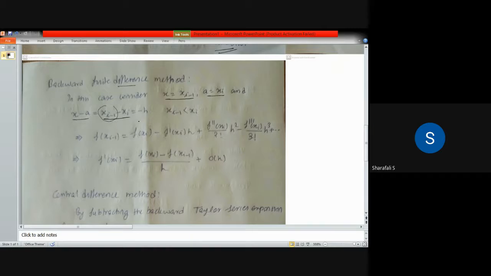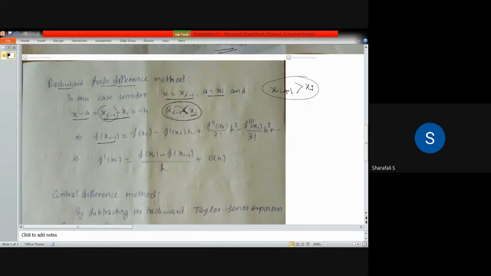So we are considering the x value which is lower, which means xi minus 1 will be smaller than xi. In the forward difference method, we are considering xi plus 1, which is greater than xi. So that is the difference.